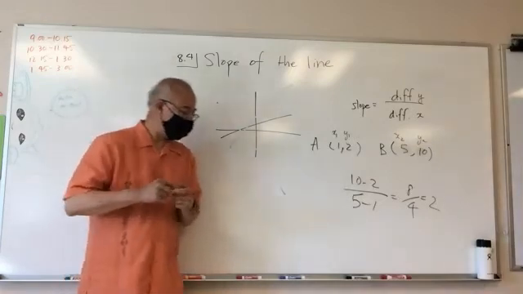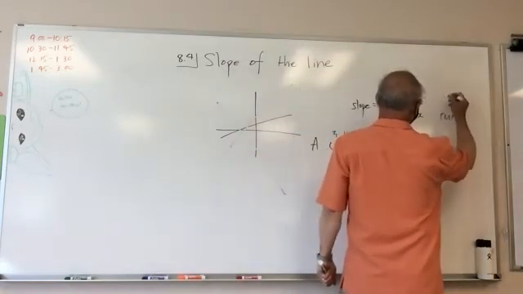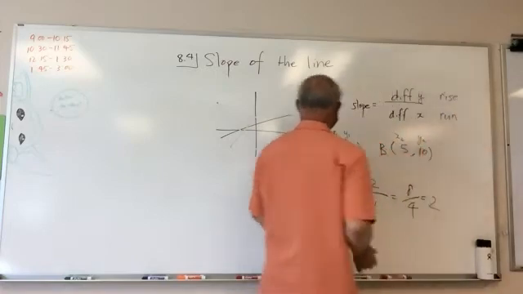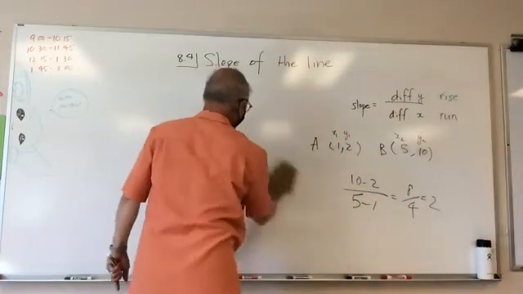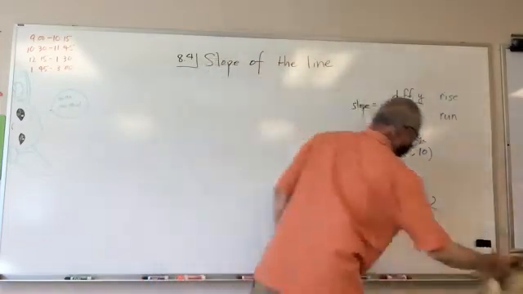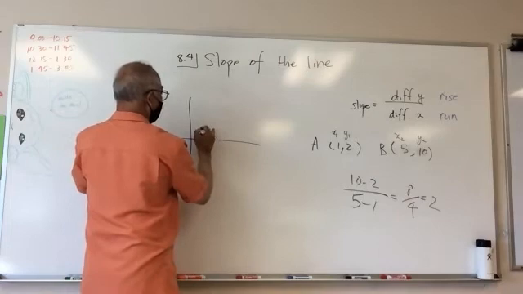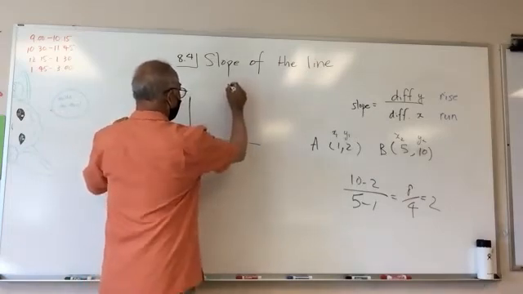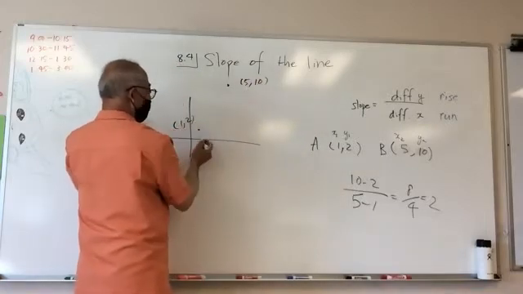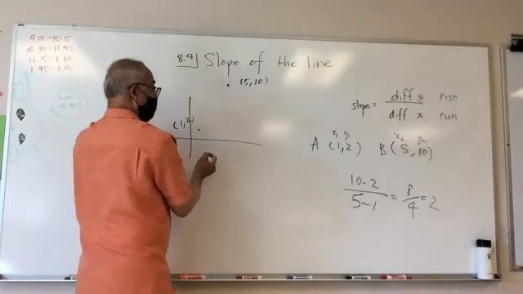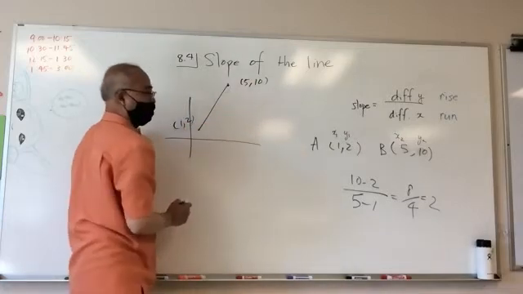This is also called, the difference in x's we call the run, and the difference in y's we call the rise. Let's talk about why we call it the rise and the run. Let's go back to my points, 1 and 2, then 5 and 10. So the line looks like this.